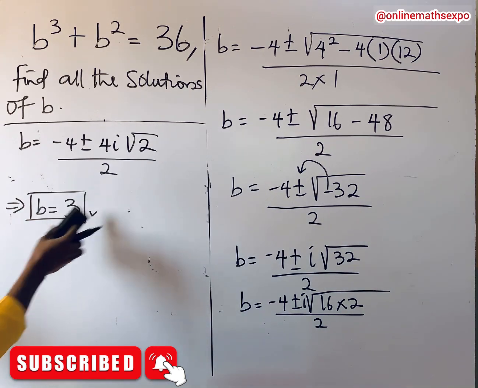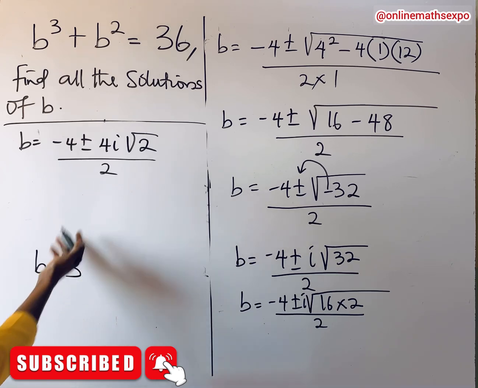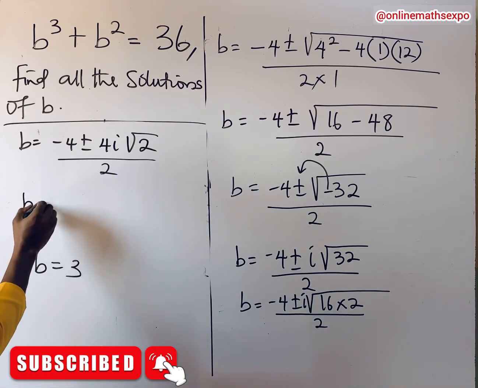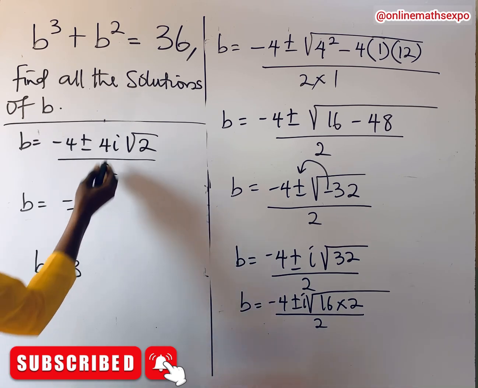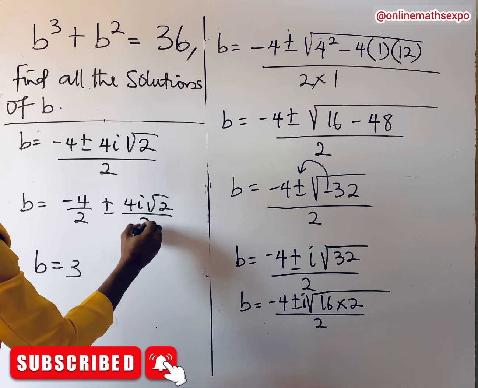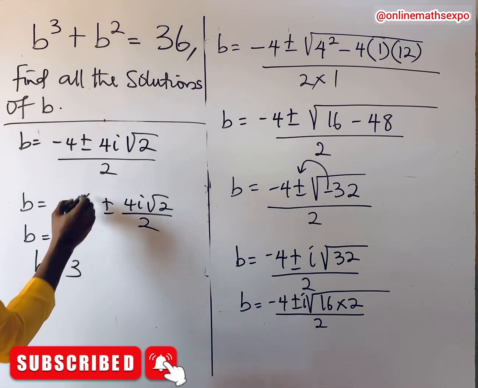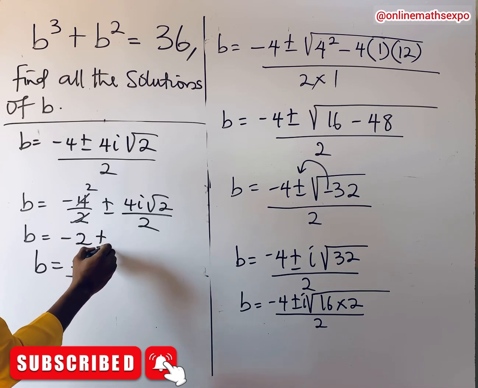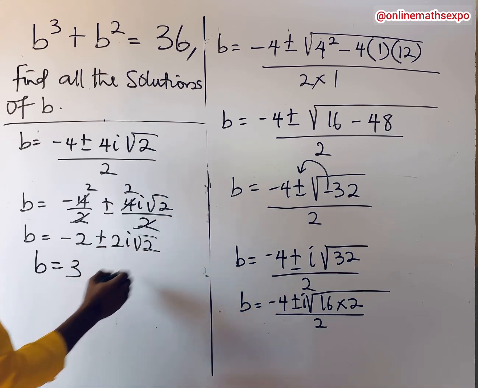you can still remember we've gotten one of the solutions to be b as 3. Okay, so we're going to have b is equal to negative 4 divided by 2 plus or minus 4i square root of 2 divided by 2. This we cancel, so b is negative 2 plus or minus 2i square root of 2.